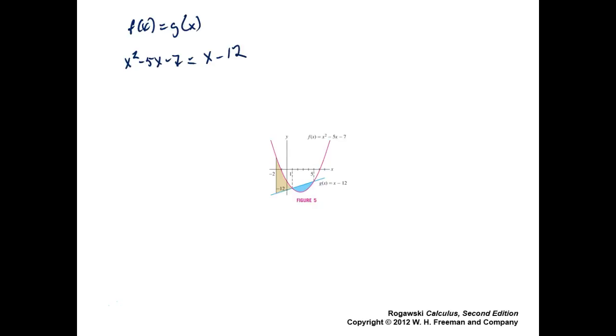How do you solve that? Okay, subtract the x on both sides and add 12 to both sides. What does that give you?